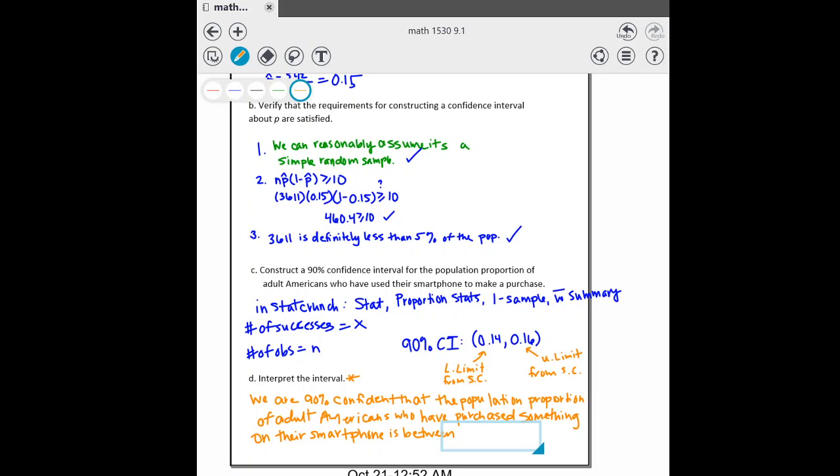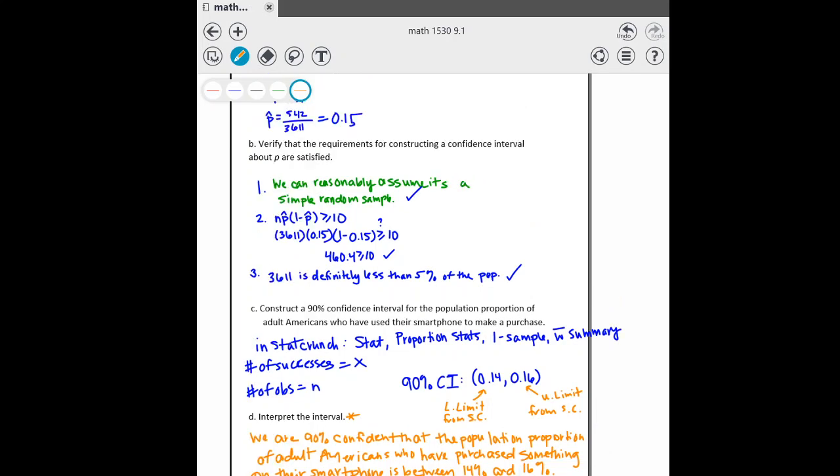So instead of saying is between 0.14 and 0.16, I'm going to say is between 14% and 16%. But if you said between 0.14 and 0.16, that would be perfectly acceptable as well.